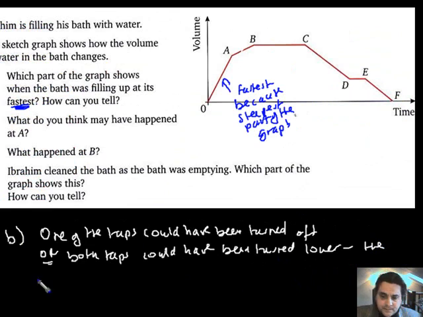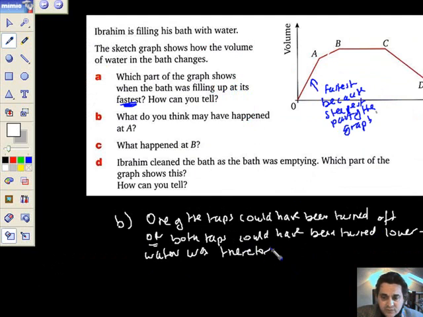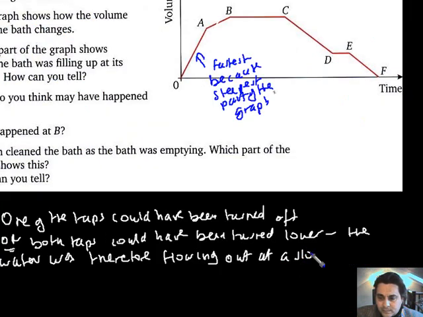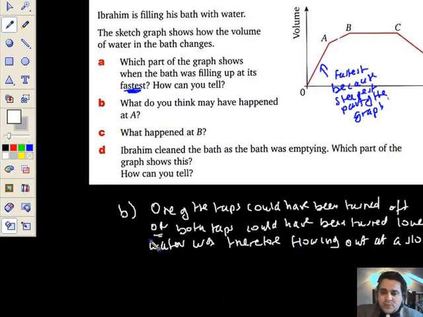The water was therefore, it's really hard to write this, was therefore flowing out of the taps at a slower rate. Right, so you turn the taps down, as we say in common speech. Taps being turned lower, the water was therefore flowing out at a slower rate.